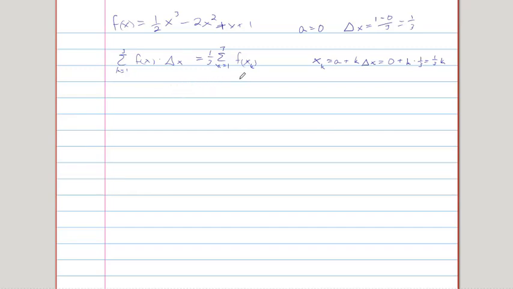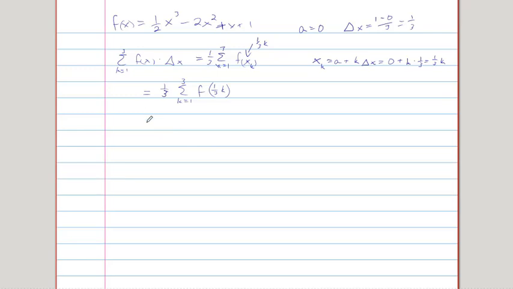So now I'm plugging 1/3 k into f of x. So we are calculating 1/3 times the sum of k equals 1 to 3 of f of 1/3 k.